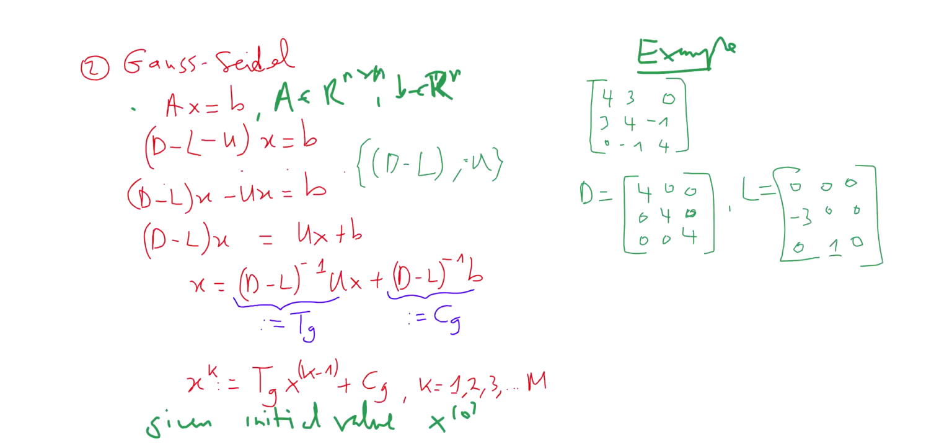And then U again, you see you have 0 on the diagonal, 0 here, and then you have minus 3, 0, and 1.